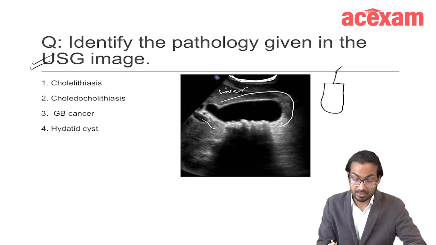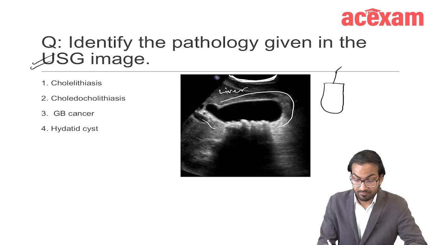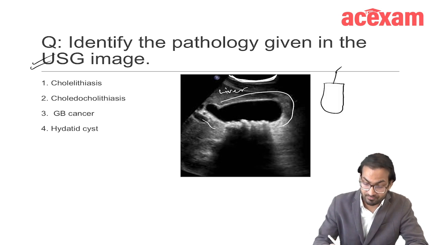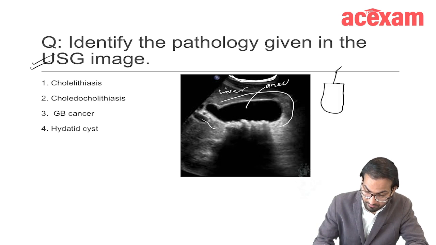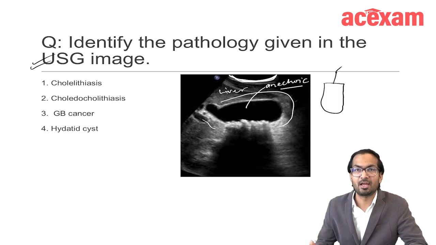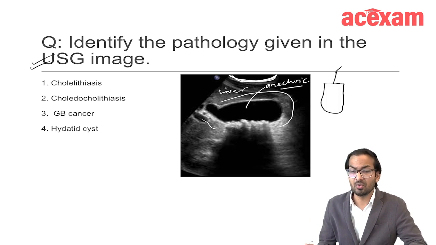What you notice is an almost jet black structure. What term do we use for such things? Anechoic. So there is something anechoic, pear-shaped, in the right hypochondrium. So we are looking at the image of a gallbladder.